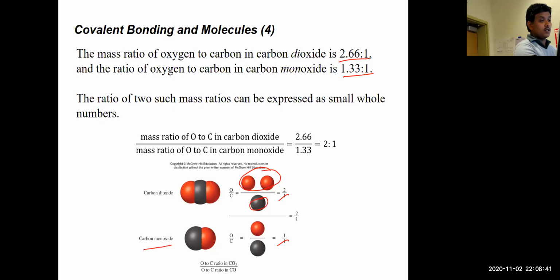In carbon monoxide, you have 1 oxygen to 1 carbon. So we are going to cancel 1 and 1, which ends up with just 2/1. Which means in carbon dioxide, you should have 2 oxygens, and in carbon monoxide, you should have 1 oxygen as your whole number. You can also do that from the ratios of one over another, giving a 2:1 ratio. So that is how we have these whole number ratios instead of the fractionals, even though it's not directly related to the actual mass ratio.